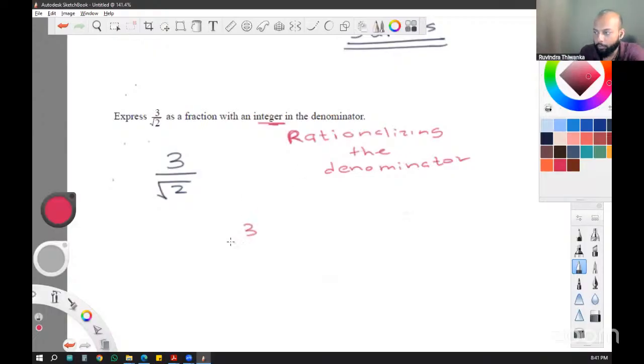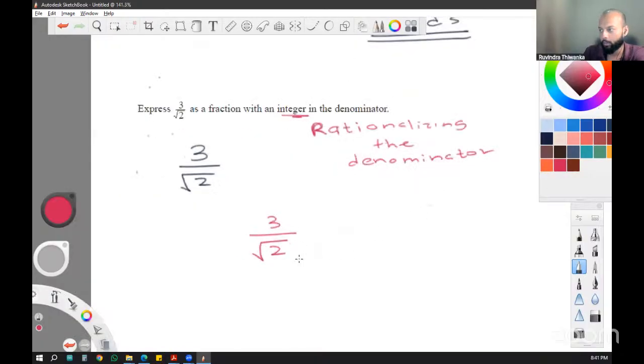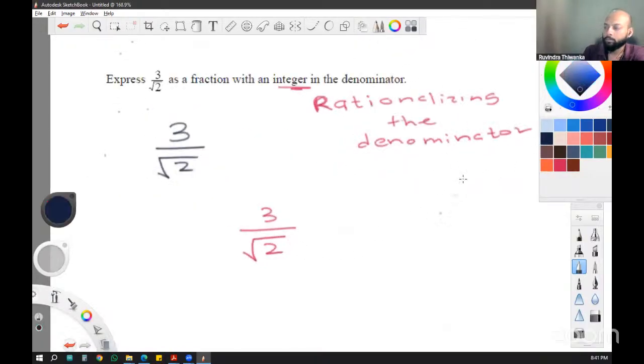There is a way without disturbing the value. If you just consider this 3 over root 2, there is a value, no? So without disturbing the value, we can put a number there. Consider you are going to multiply by a number which is root 2 divided by root 2. If you cut these root 2s, you are multiplying by 1, so you end up with the same number.